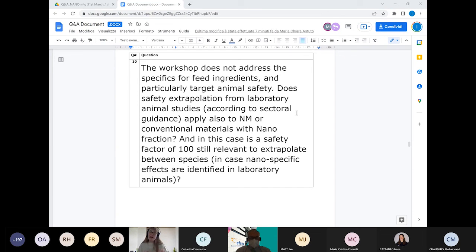because the paradigm of risk assessment is the same for nanomaterials as for other chemical compounds which are undergoing the risk assessment in EFSA. So these are the 4 steps.